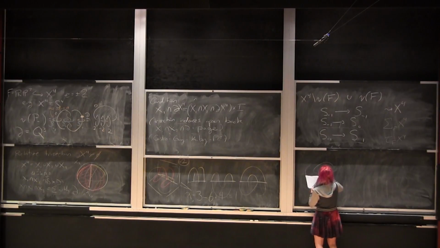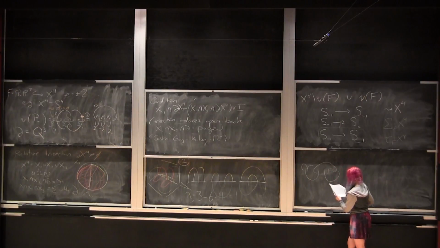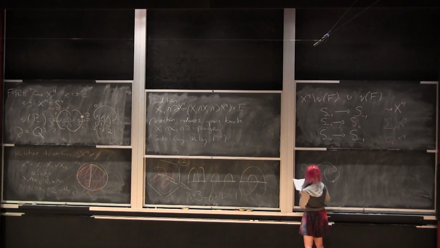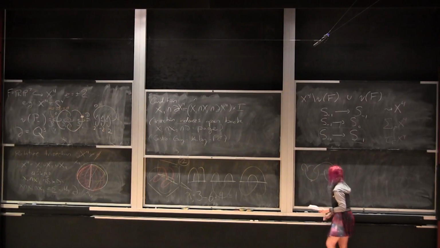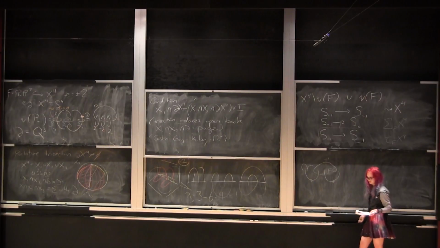Okay, so what is this? This is still the exact same 4-manifold. I just did some Kirby calculus to it. I blew up and I slid. Let's not worry about it.